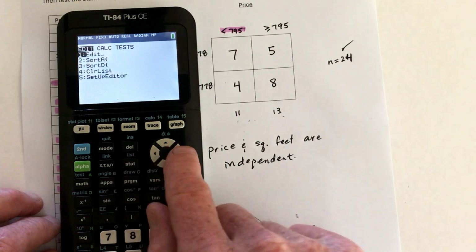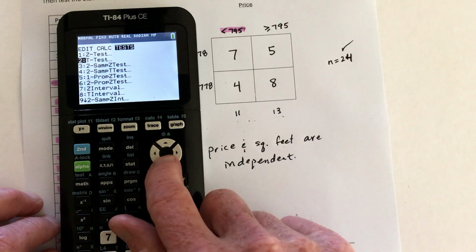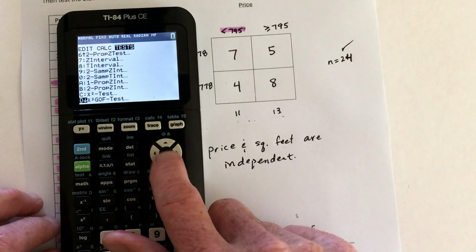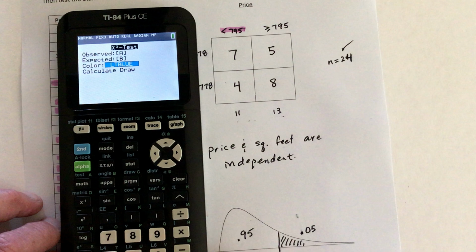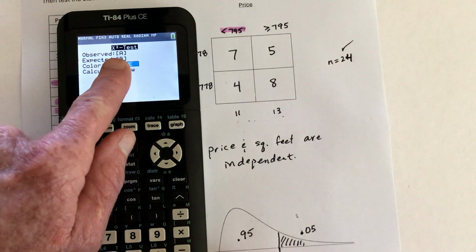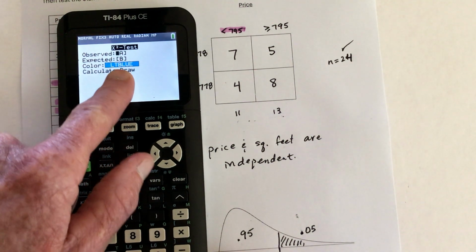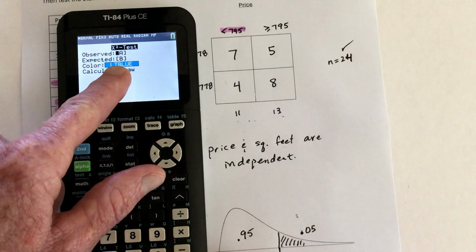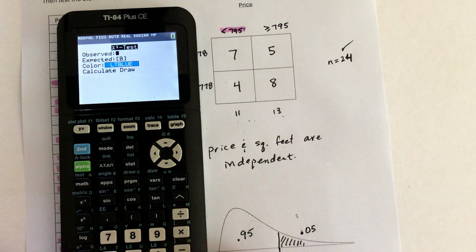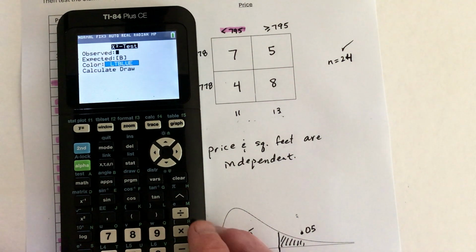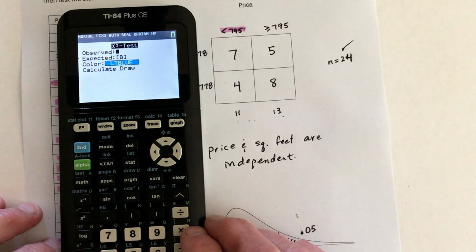Now go to stat, over to test, and then scroll down and look for the chi-squared test. It's all the way down there at letter C. The next thing it's going to say is, your job is to put the observed values in matrix A, and the expected values in matrix B. Now, let's say that somebody erased it and the name is not there.